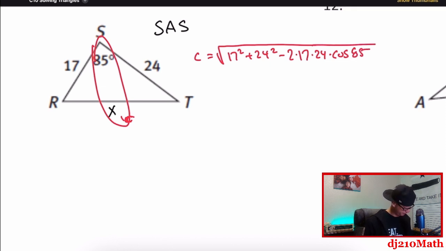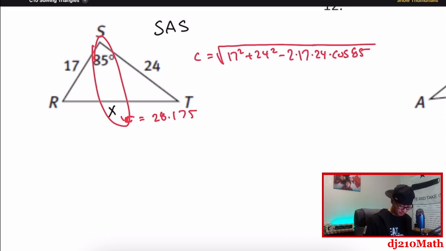C is equal to 28. Little c, that's a distance. So little c is 28.175, truncated to 3 decimal places.